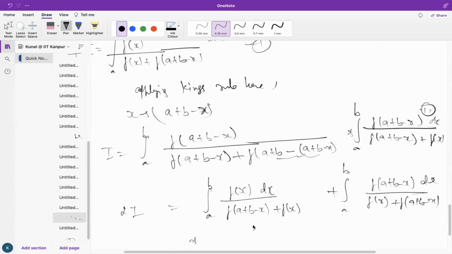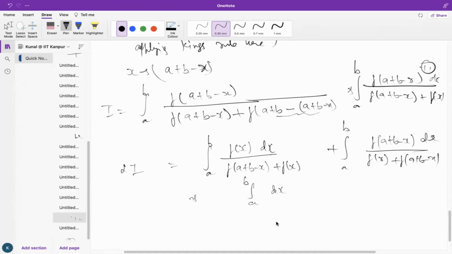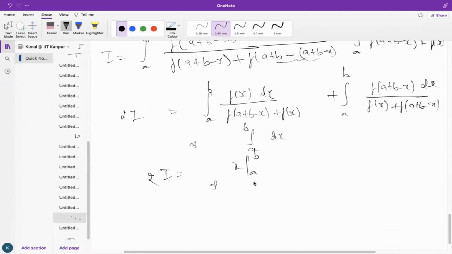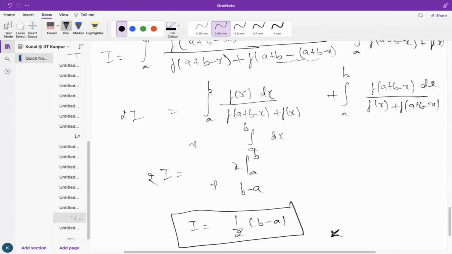And when we add both, what we get, a to b dx, right? So we get our integrand, when we solve this, we get x from a to b, and when we insert that limit in it, we get b minus a. So we get I is equal to half of b minus a. So this is our final answer.